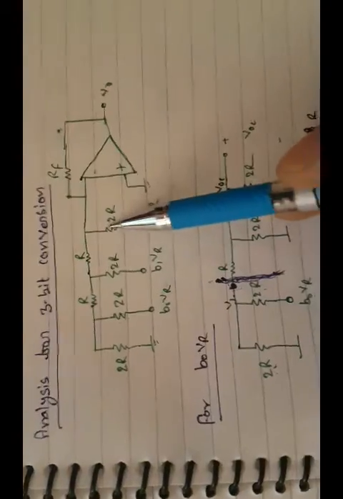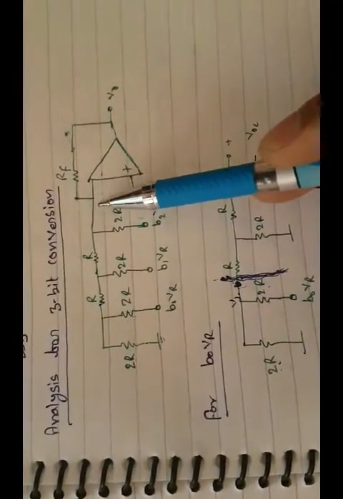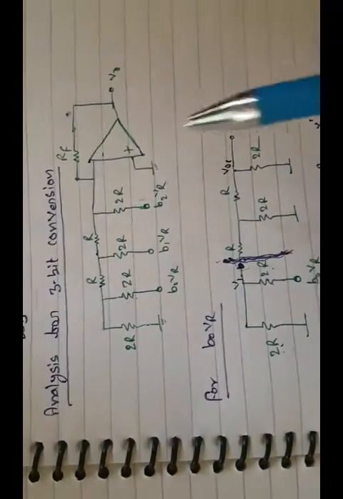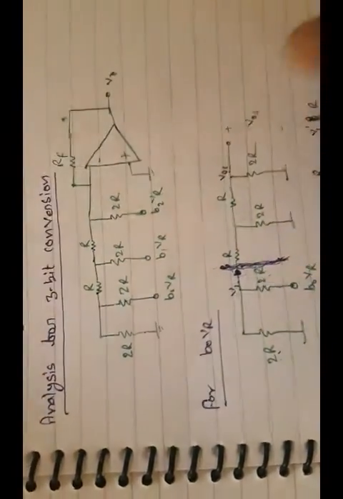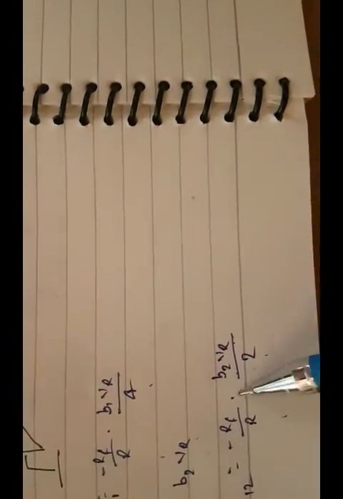So this is 2R and this is 2R, so this voltage will be nothing but B2 VR by 2, and the equivalent resistance, with 2R in parallel, will be R. So we get the V output as minus RF by R into B2 VR by 2.